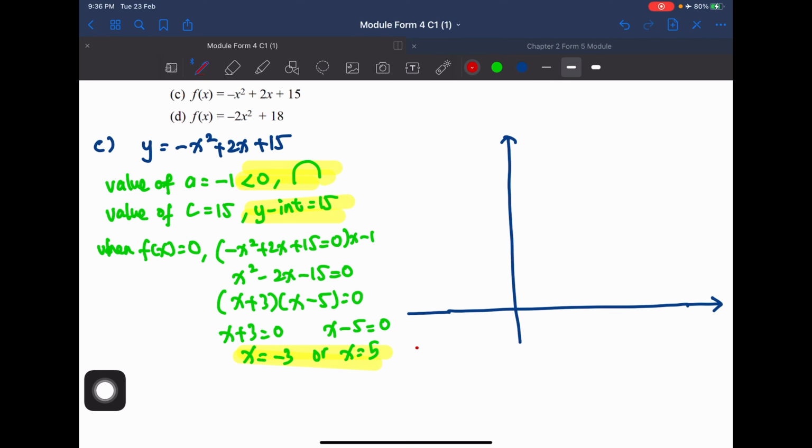So kita lukis sedih. So di sini adalah negative 3, here is 5, here is 15. Okay, boleh.